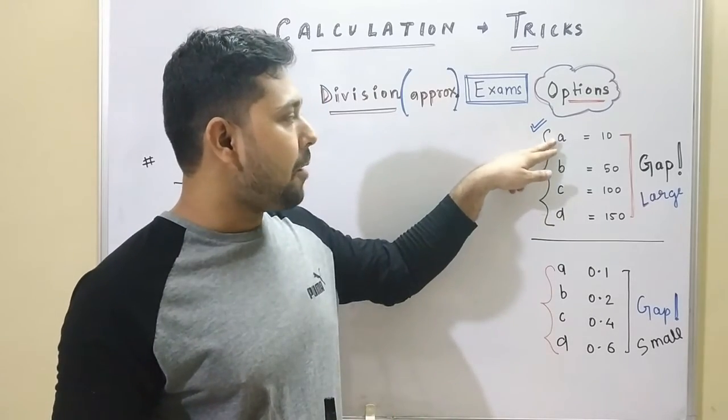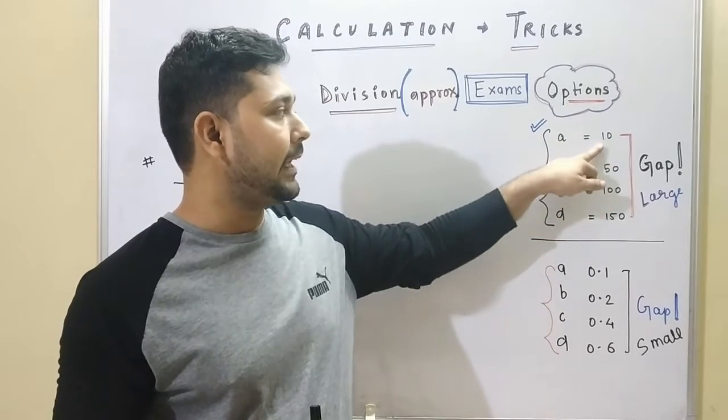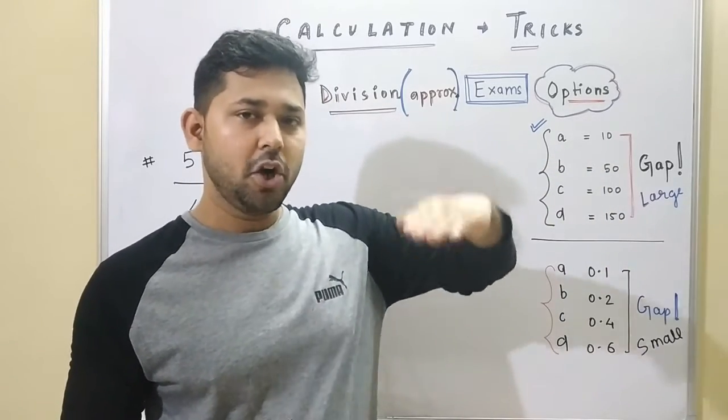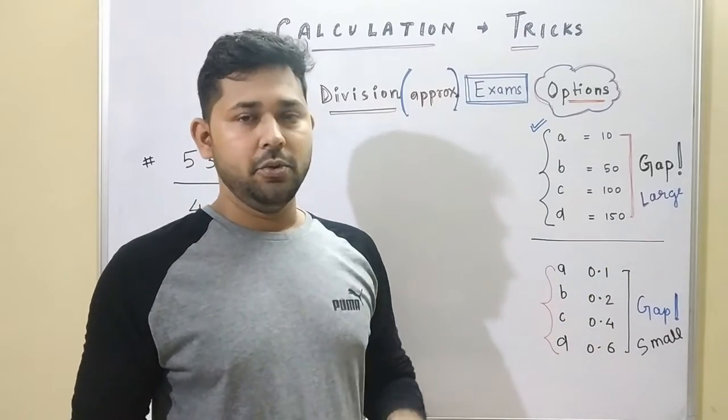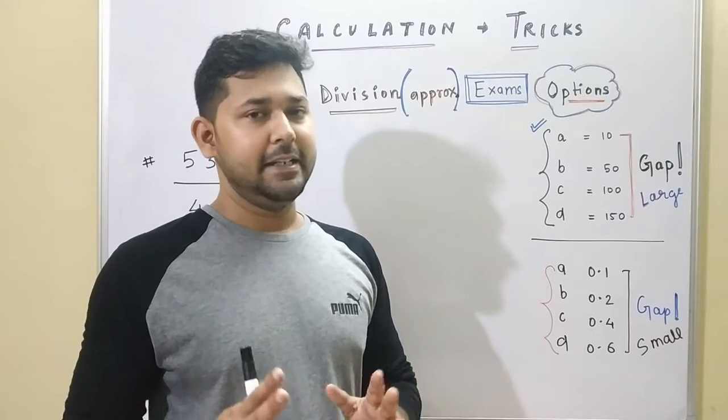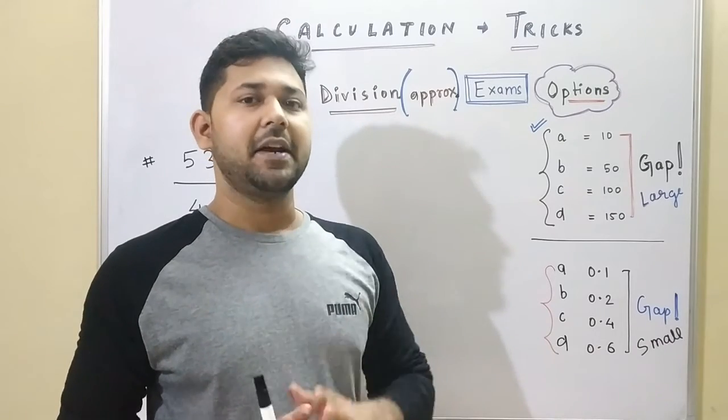Suppose the options are like this: 10, 50, 100, 150. The gap between the options is quite large. You can simply put this approximation method in the calculation and easily get the answer, right?